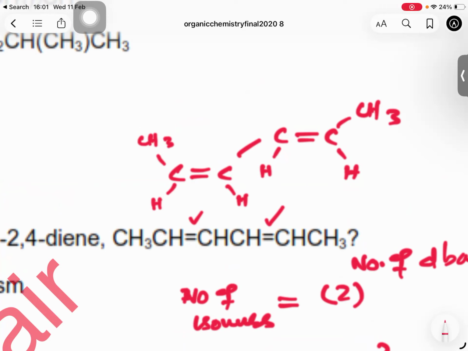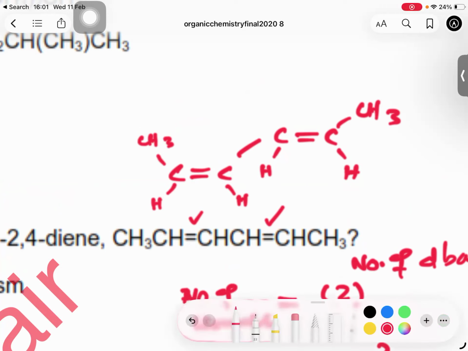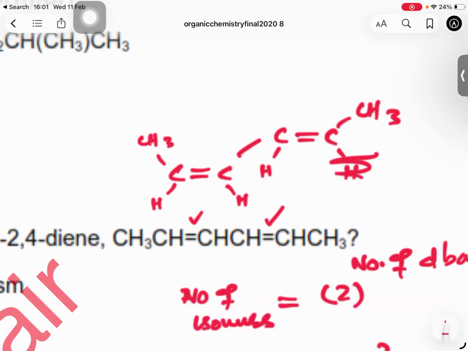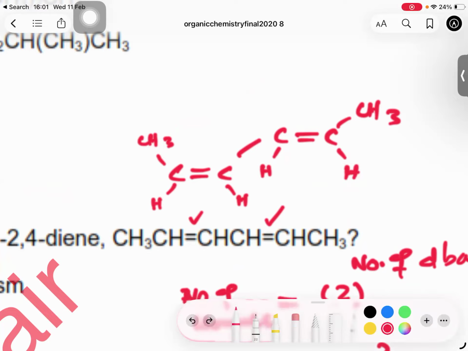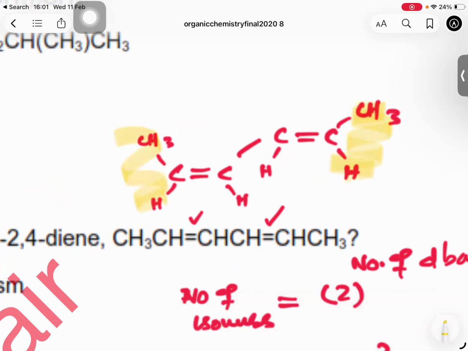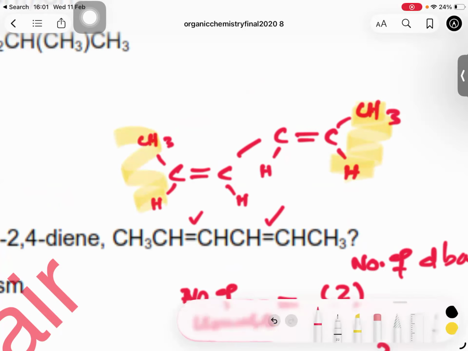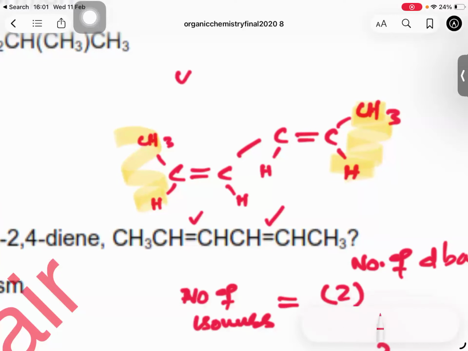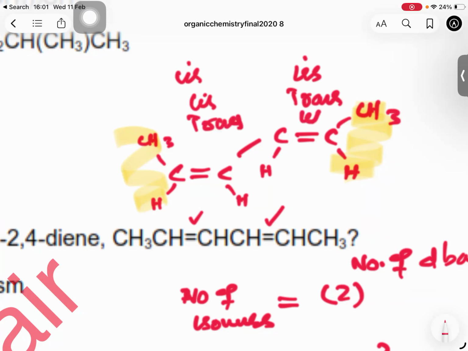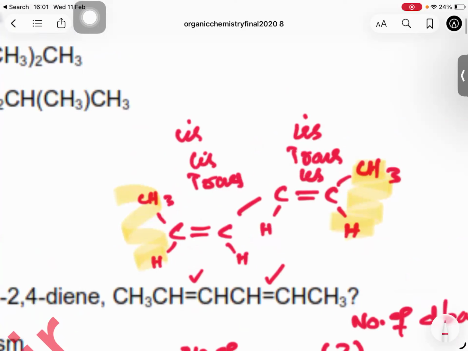Now, in this case, as the two ends are exactly the same, if you are using the formula, keep in mind that these two ends are the same. The isomers which we did earlier: one is cis-cis, that is the first isomer. If you switch the position of one thing, cis-trans, then if you switch the position of the other, trans-cis, and finally the fourth one is trans-trans.